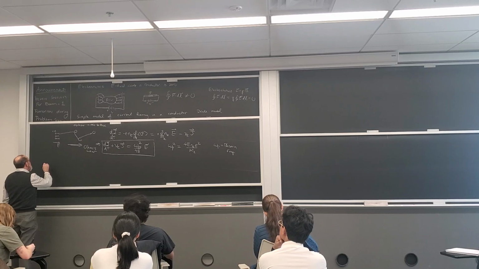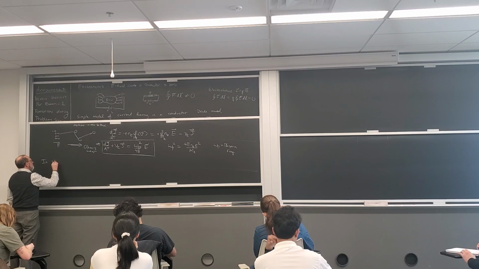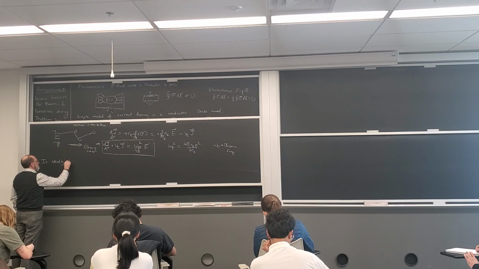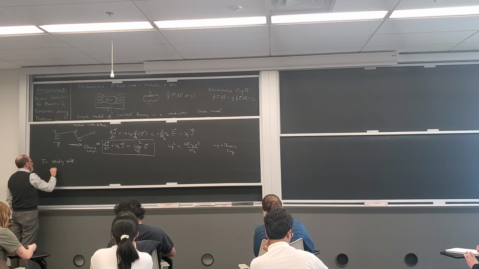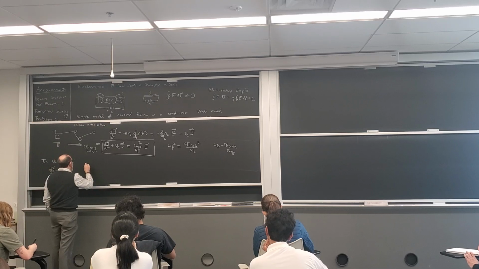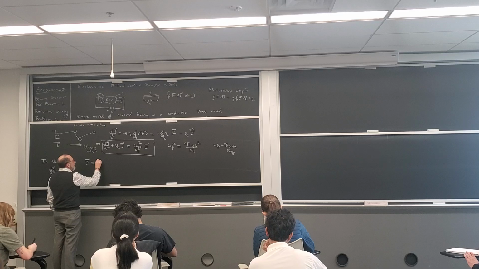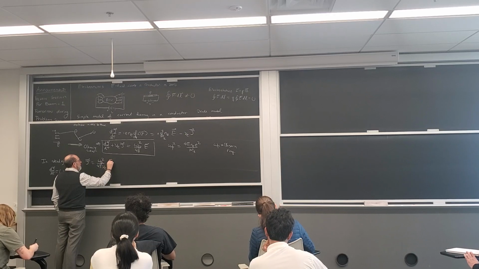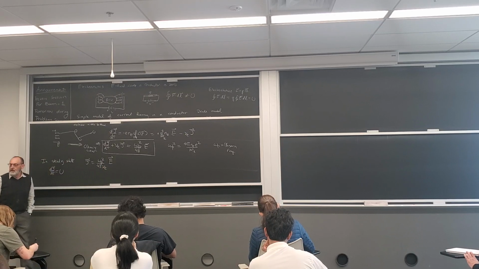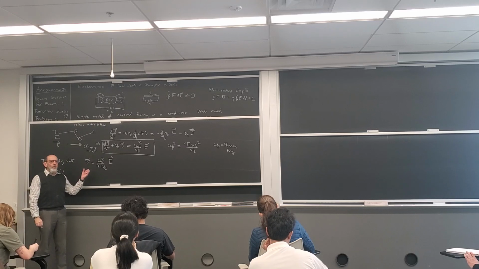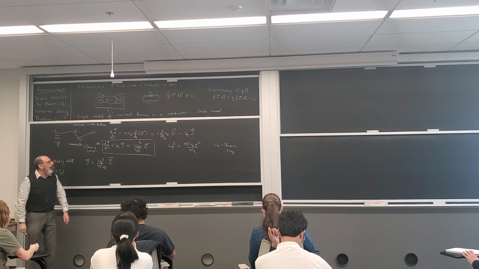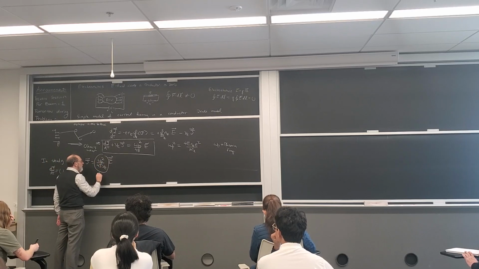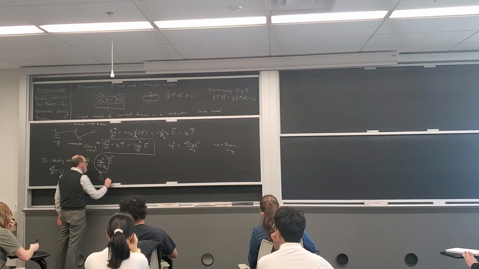In steady state, the current is no longer changing, so we can set it equal to 0, and we get this equation, that the current is proportional to the electric field, and the proportionality constant we call the conductivity.